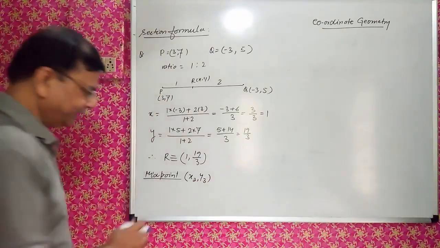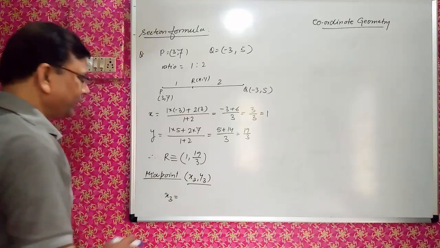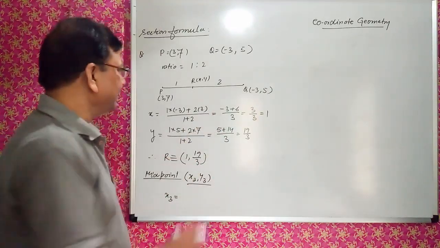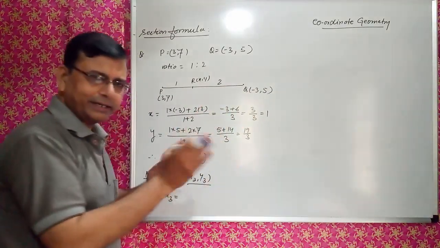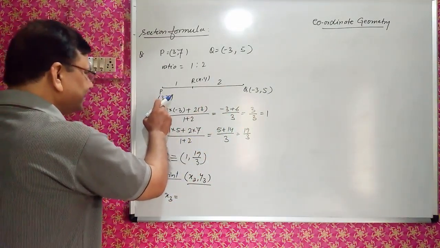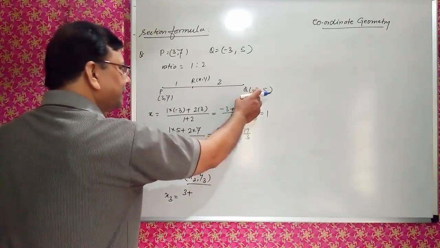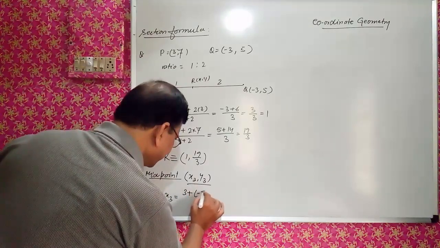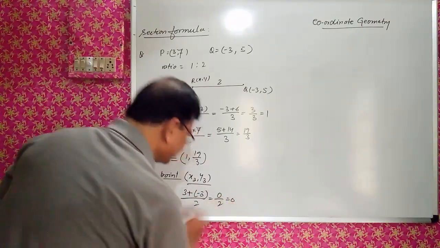So what is the value of x3? x3 will be equal to, as I told you, the formula is there: sum of these two x coordinates divided by 2, isn't it? So x1 is this, that is 3, plus x2 is this, that is -3, divided by 2, that is 0 by 2, that is equal to 0.